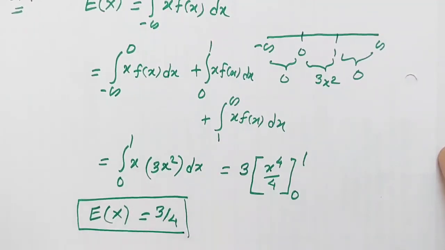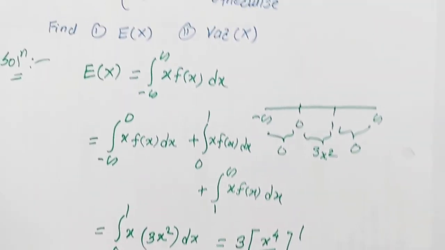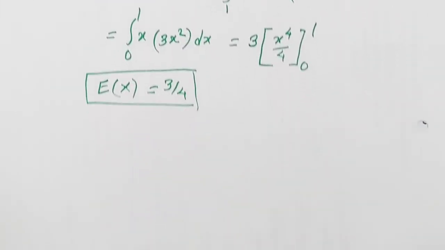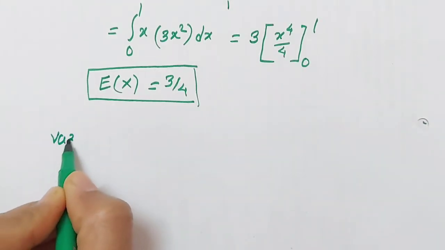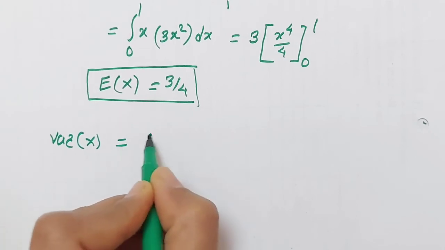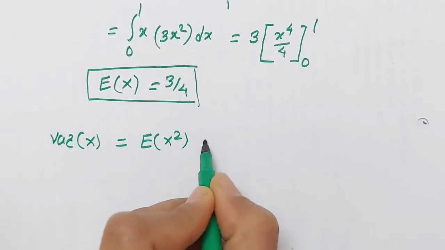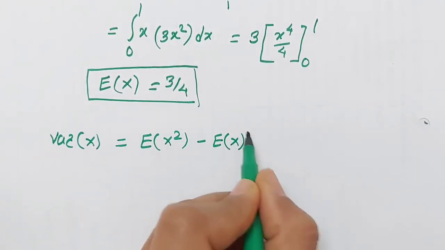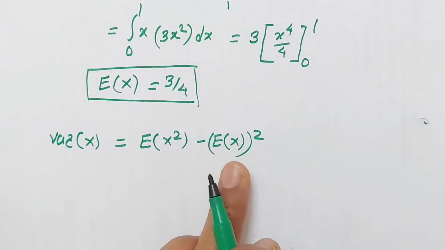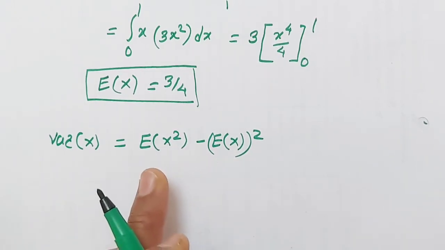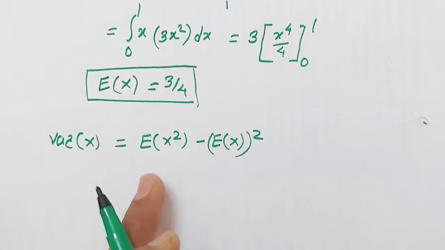In this way we can find expectation for a continuous random variable. Now the next task is to find the variance of x, which is nothing but expectation of x square minus expectation of x whole square. We know the value of expectation of x, so we just have to find expectation of x square.